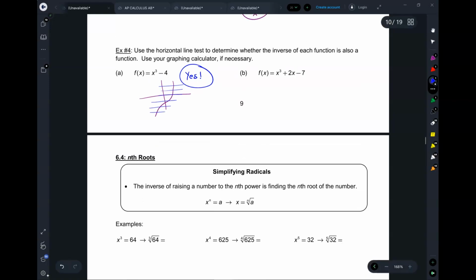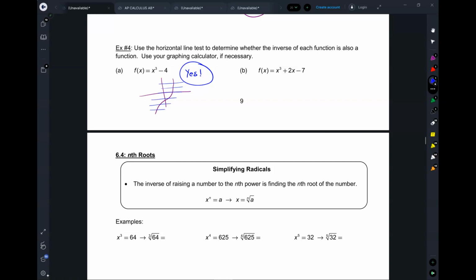The next one, x cubed plus 2x minus 7, what do you think? This one can get a little tricky, because depending on this term, if you've got another term with an x, it could look like this, or sometimes like this, in which case the inverse will not be a function.